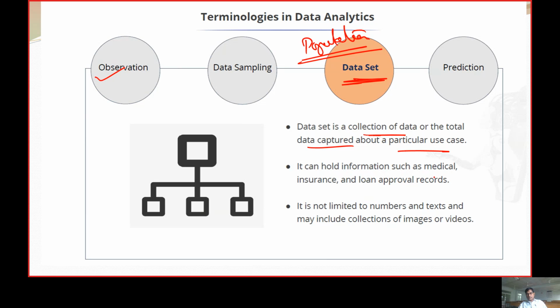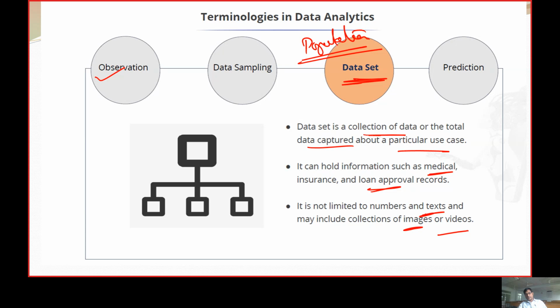So what will be a data set? It can be a medical data set, a loan data set, a bank approval data set, etc. A data set can include text, numerics, audio, video; any type of multimodal items can be part of a data set.